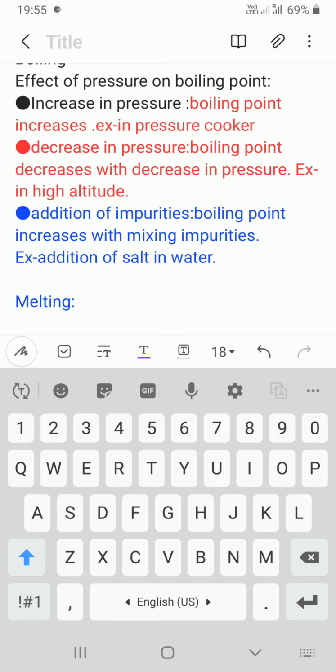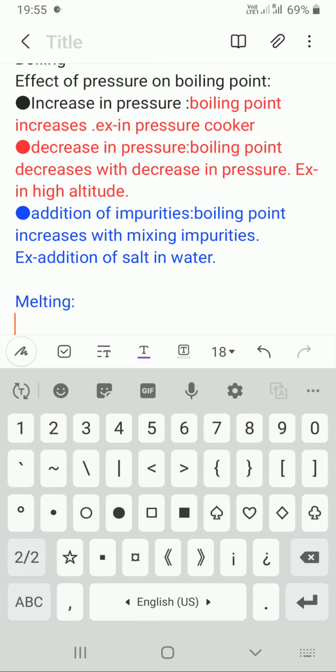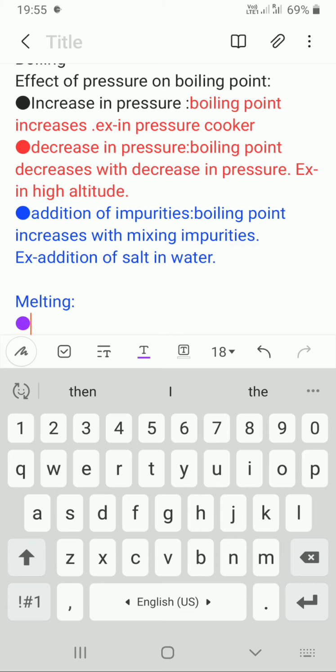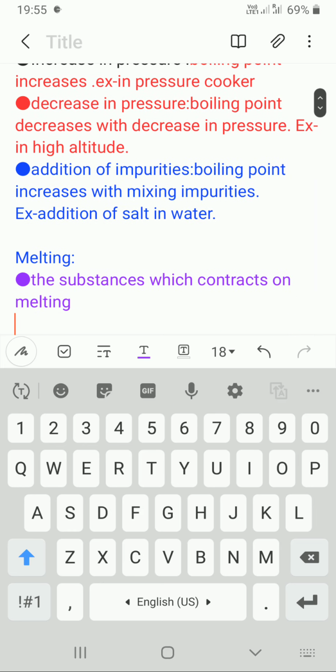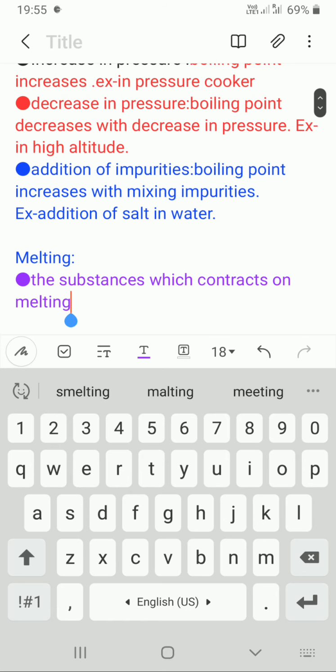So there are 2 points. First point, the substances which contract on melting. And another point is the substances which expand on melting.